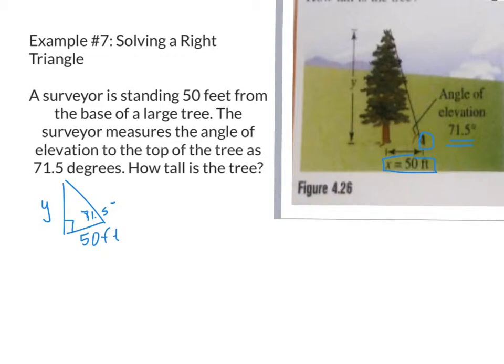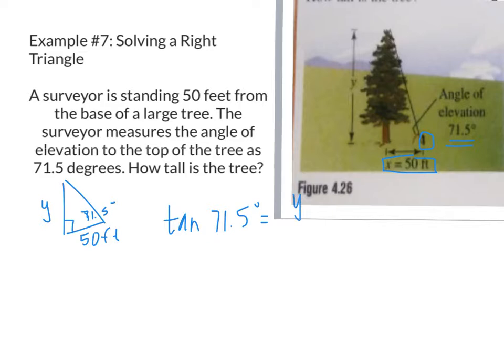So since we know something in regards to opposite and adjacent, then the only trig identity that refers to both of those is tangent. So we're going to use a tangent function to solve for y. So in other words, tangent of 71.5 degrees equals opposite over adjacent.